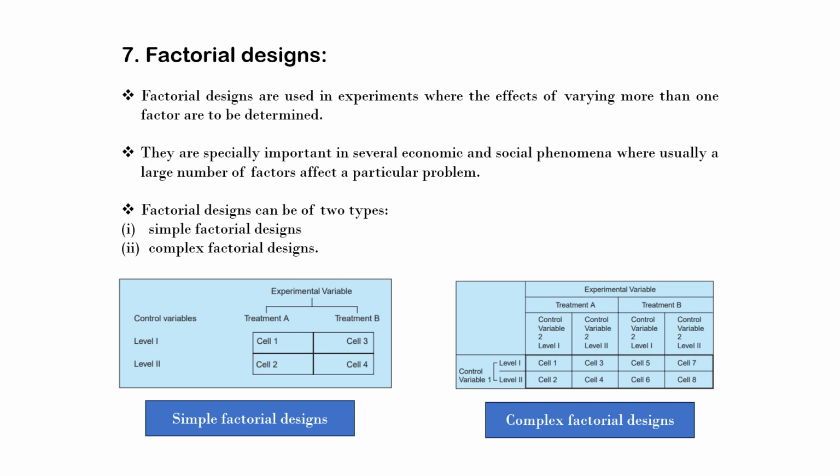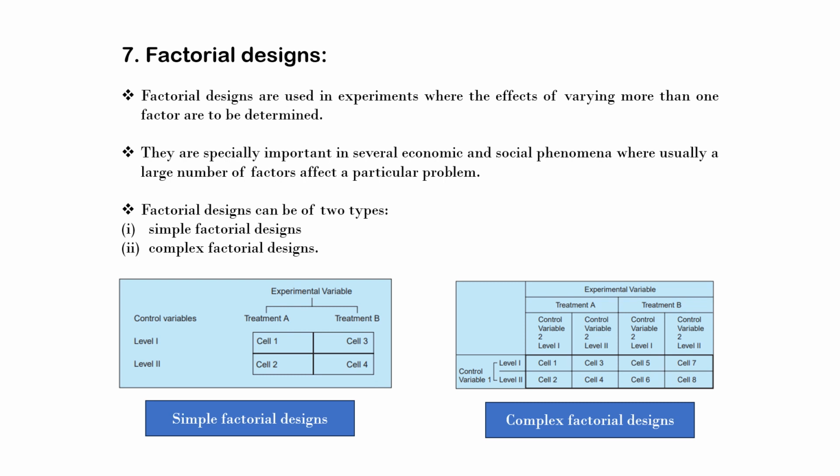So here we are taking two treatments of the experimental variable and two levels of the control variable. Therefore we have four cells here, and each of the four combinations will provide us one treatment, that is, an experimental condition.